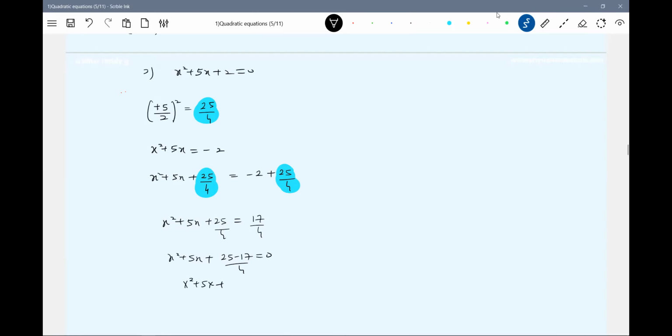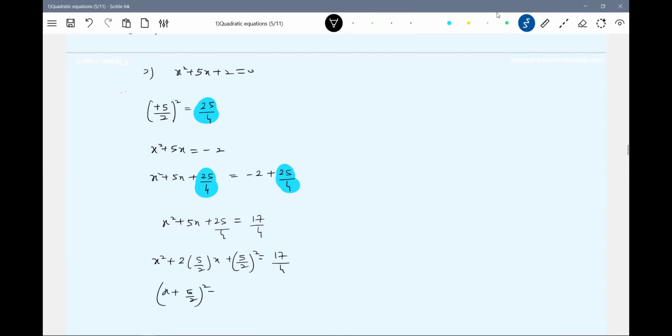This will rearrange now, x square plus 5x plus 25 by 4. Can I write it as 5 by 2 whole square? Look at this, the a plus b whole square formula. Therefore, x plus 5 by 2 whole square equal to 17 by 4.